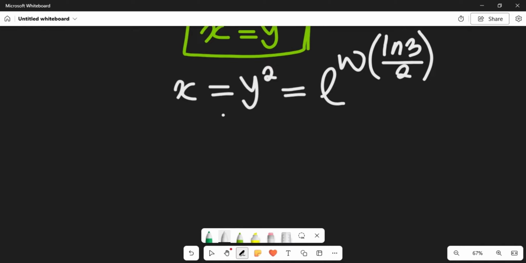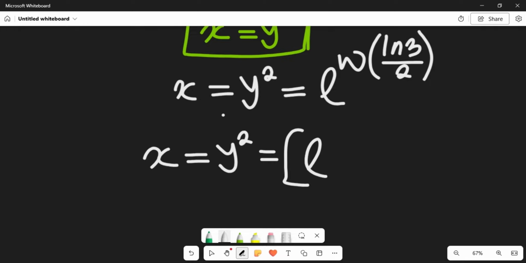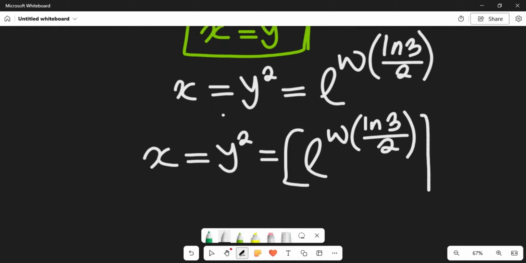From this point, we can see that our x will be equal to, we have to take the square of this other side in order to eliminate this y squared, and this whole thing is going to give us y squared equal to the exponent value of the Lambert W of ln 3 divided by 2, and all of these will be squared. And that is exactly what that will give us.